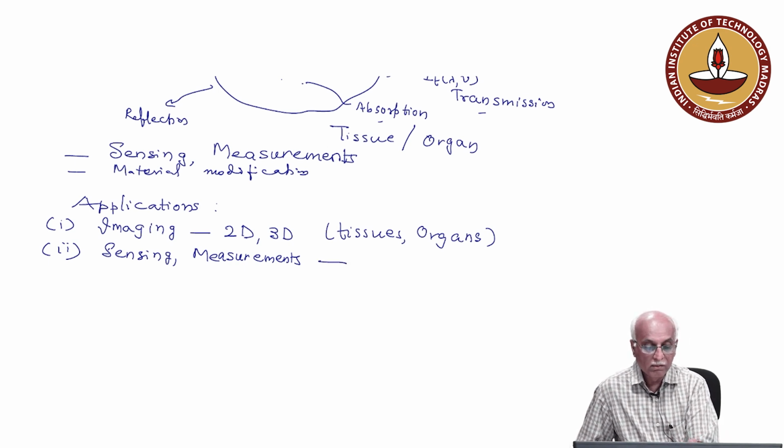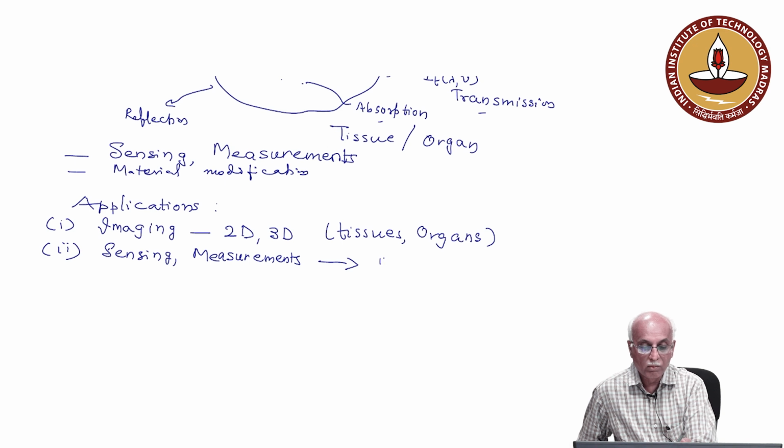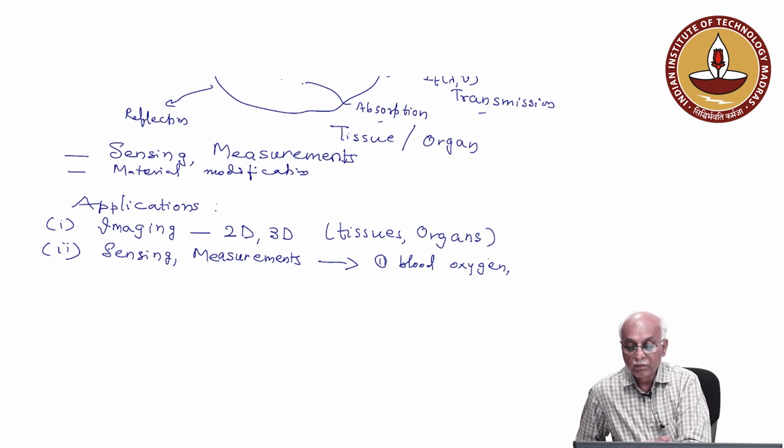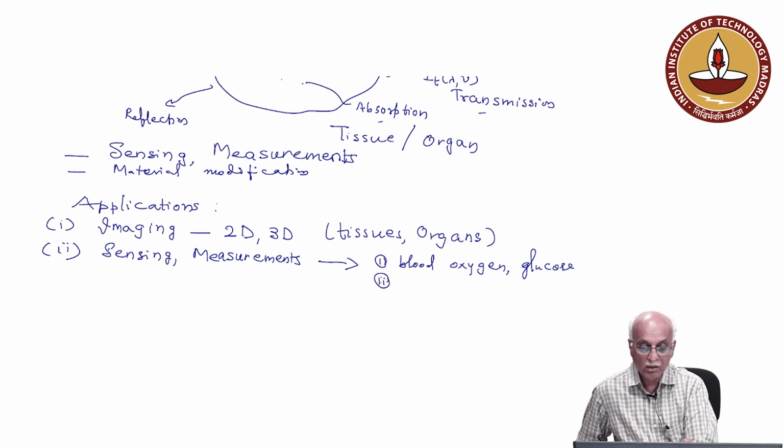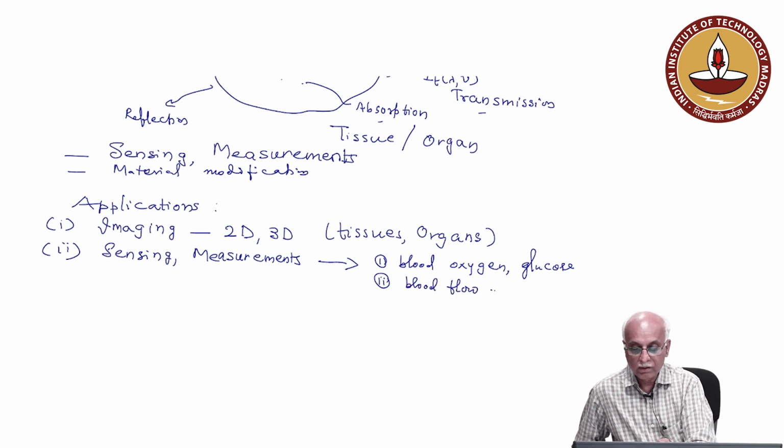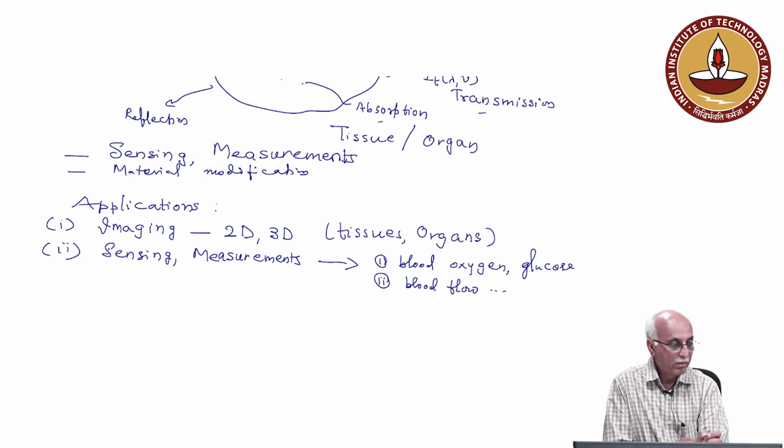It can be some physical parameters, or some of the metabolic activities, in the form of, let's say, blood oxygen, or even glucose measurements, or we can also capture, as I told you, some of the physical parameters indirectly related to blood flow, etc. So these are all application outcomes related to sensing and measurement.